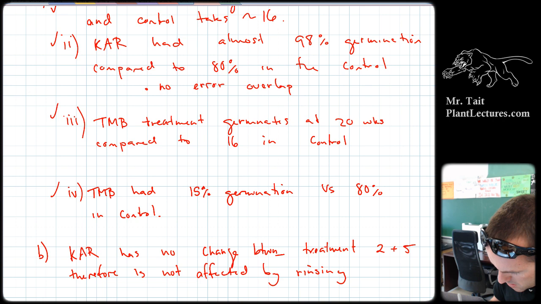Okay, the TMB, however, here's TMB 3 and 6, right? And so when it's on here, it's different from the control. And then when it's here and there's water in 6, it's the same as the control. And that means that when this gets rinsed away, then it stops inhibiting the seeds, right?